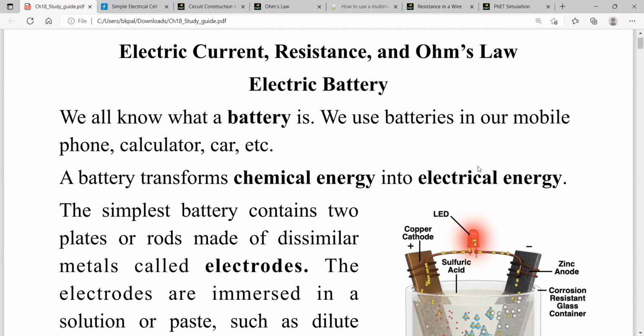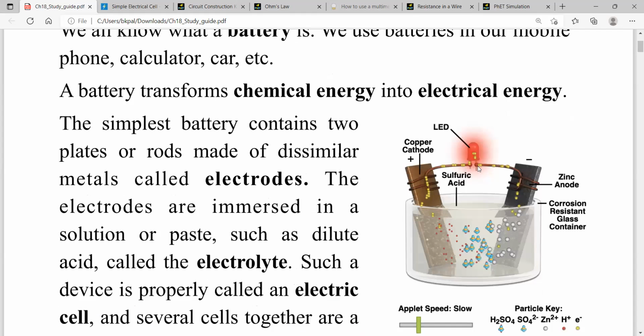A schematic diagram of a battery cell, I mean an electric cell, is here, and a battery is basically a combination of several such electric cells.